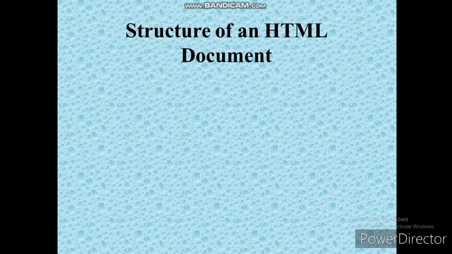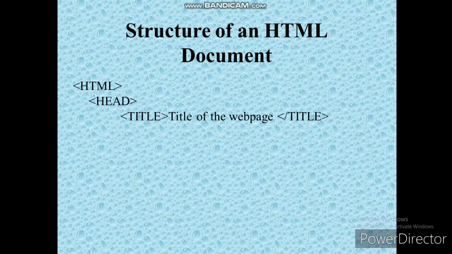An HTML page is also known as an HTML document. The basic structure of an HTML document is: in the first line, you should write HTML in angular brackets. In the second line, write head in angular brackets. In the third line, write title and close the title tag.